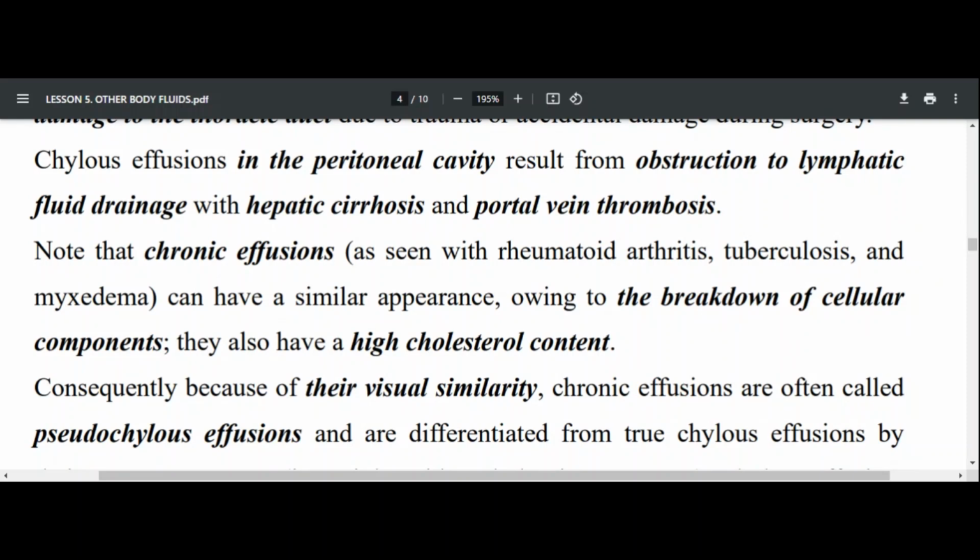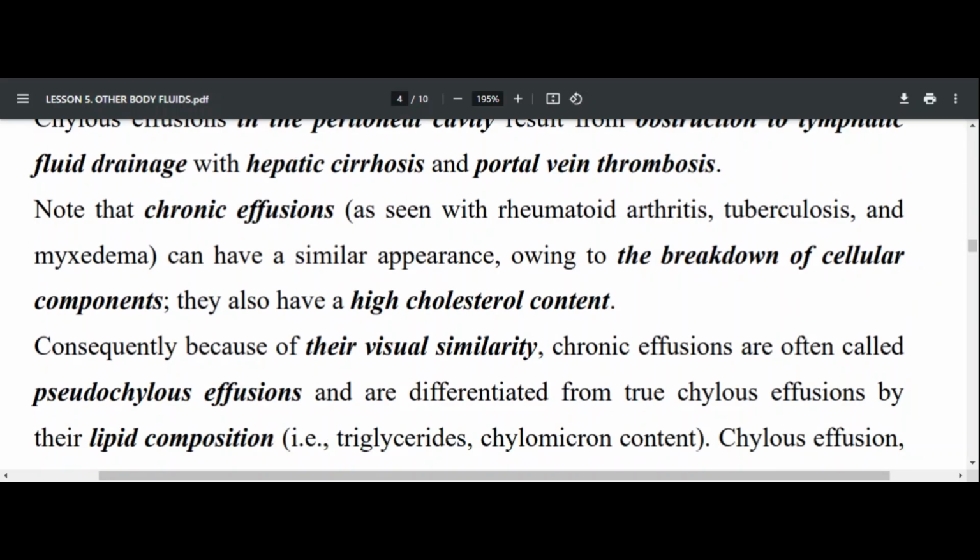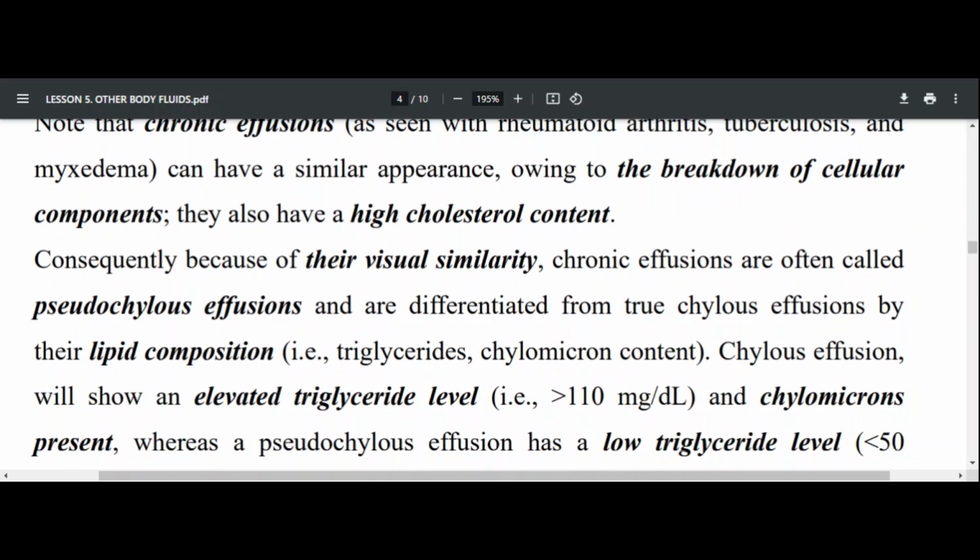It is called pseudochylous fluid because it looks like chylous fluid, but its content is different. Pseudochylous fluids are differentiated from true chylous effusion fluids by their lipid content.